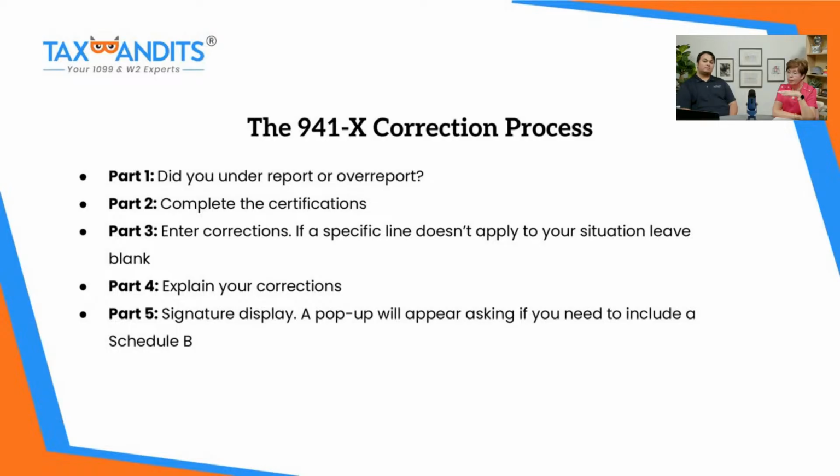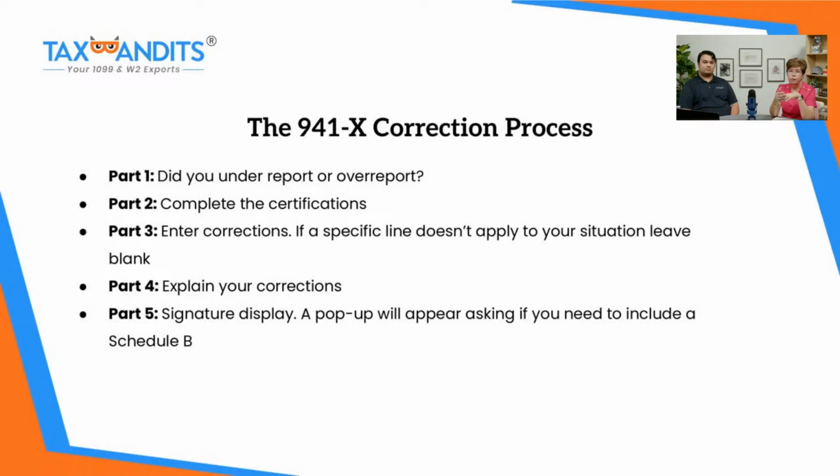So the 941X correction process. Part 1, you're going to indicate if you underreported or overreported. Part 2, there are some certifications that the IRS is asking you to answer, some certification questions.